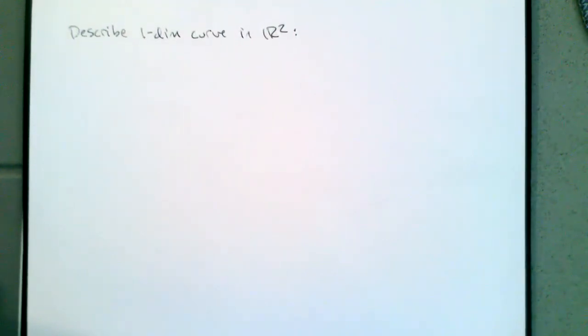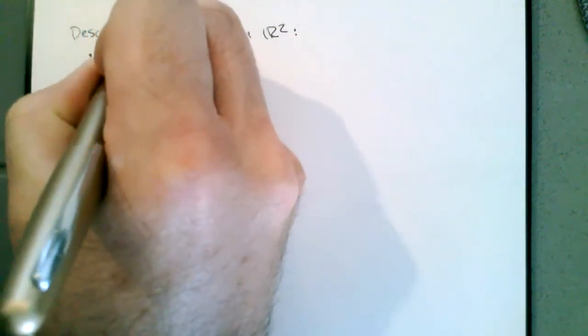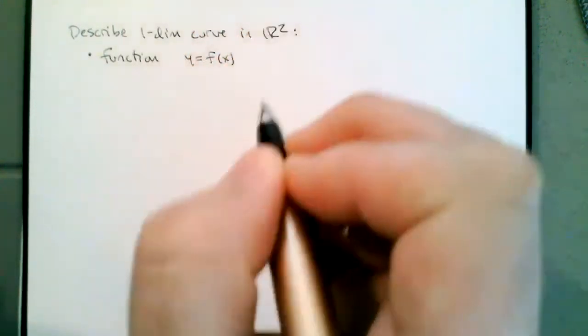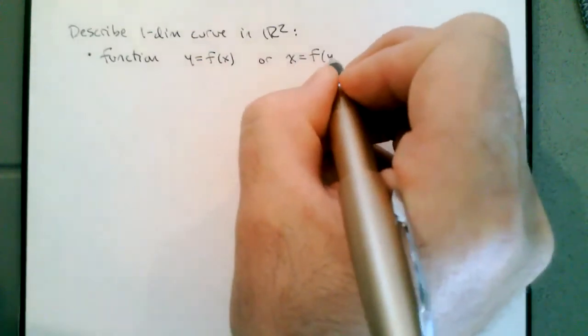What we're doing is describing a one-dimensional curve in R2. We can do this with a function sometimes: y is a function of x, or maybe x is a function of y.